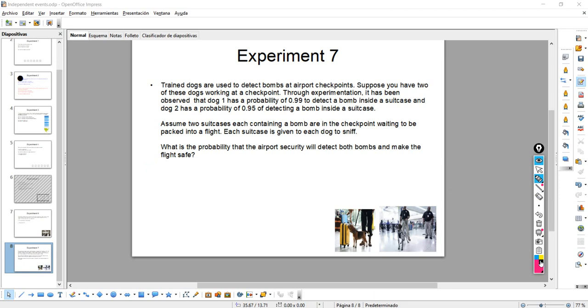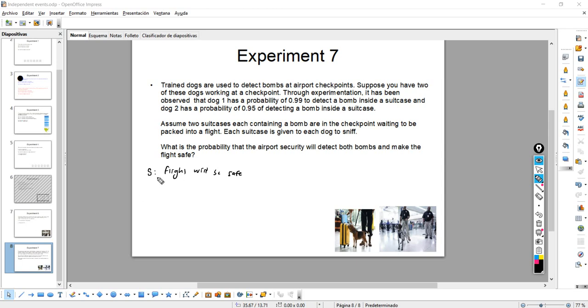You know, the events don't always have to be called A and B. Actually, it's better to give them meaningful names. In this case, S is the event that the flight will be safe. Okay, now how can I interpret this in terms of other events?